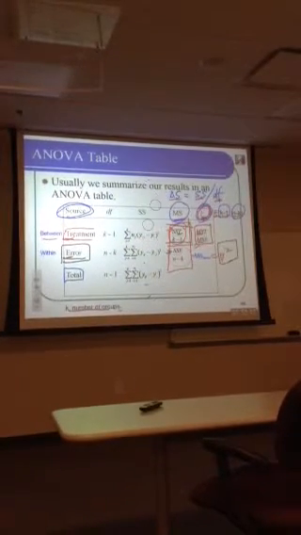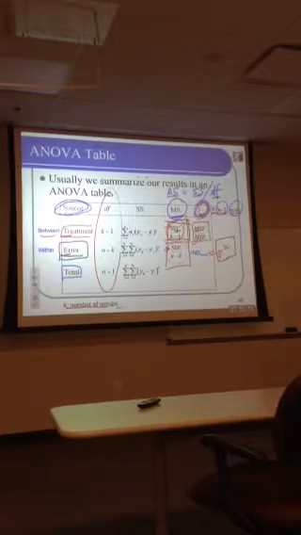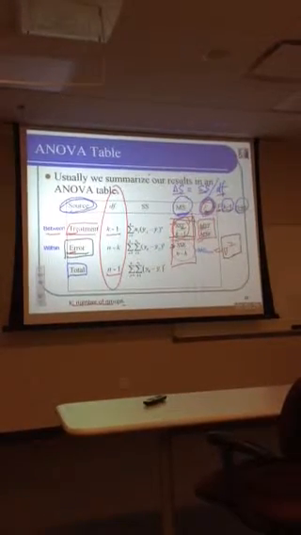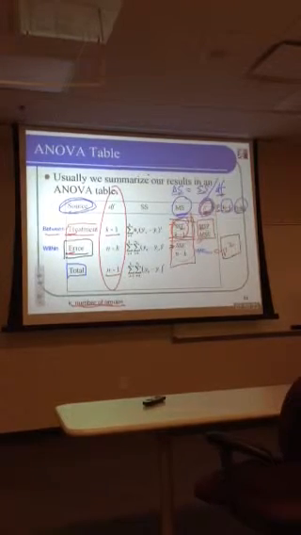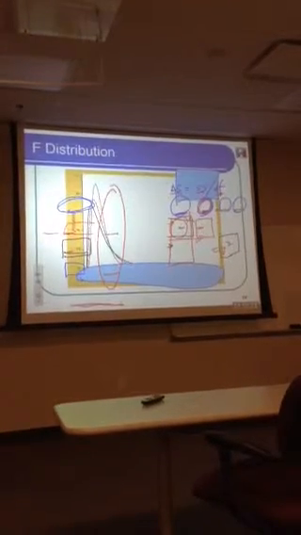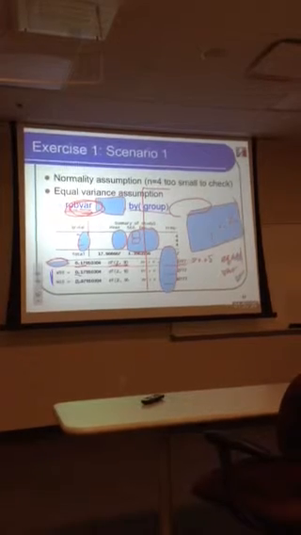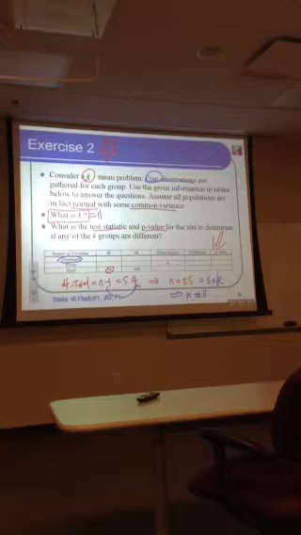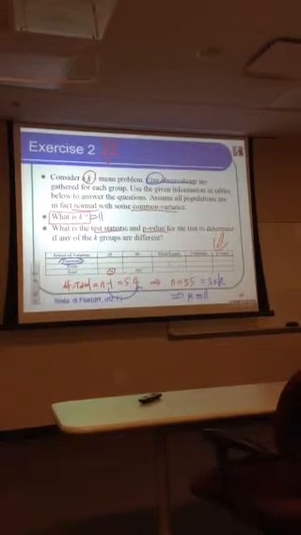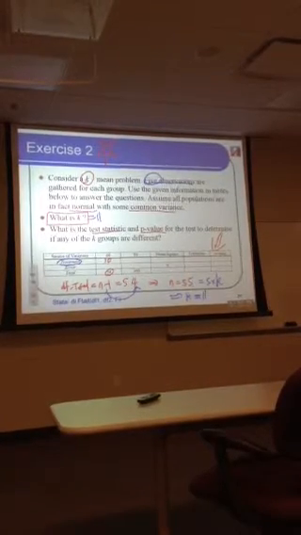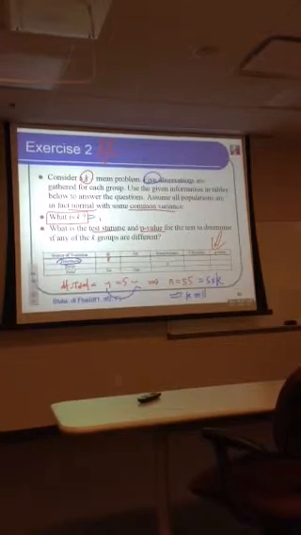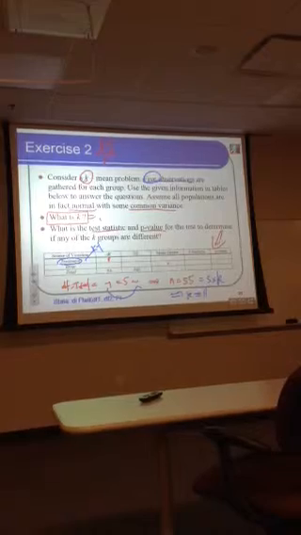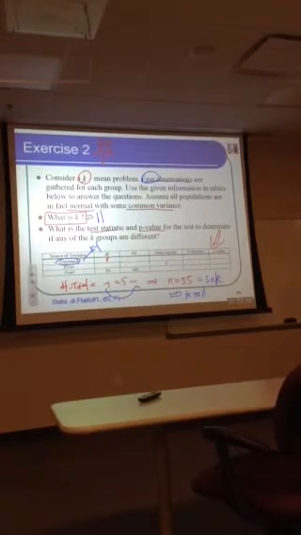You have to memorize this: degree of freedom for total is N minus 1, and degree of freedom for treatment equals K minus 1. So therefore, degree of freedom for treatment equals 11 minus 1, which equals 10.